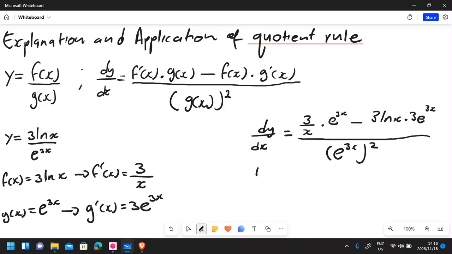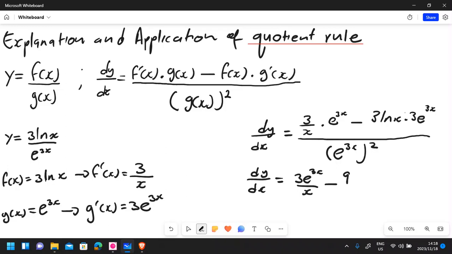If you continue, let's say dy over dx, hopefully this won't take too much time. Obviously you're going to have 3 e to the power of 3x over x, then minus. If you multiply 3 multiplied by 3, what is it that you're going to get?